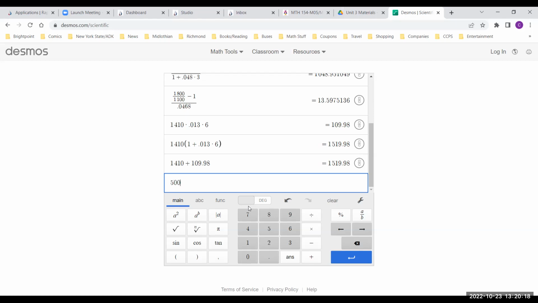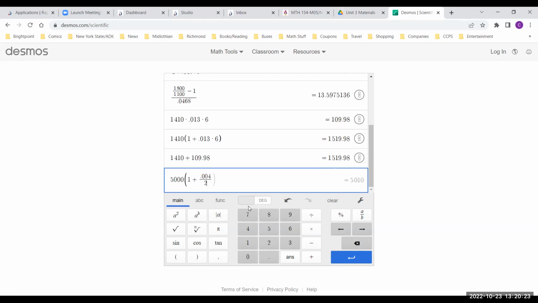So we have 5,000 times 1 plus 0.04 over 2, and we come out with $5,100.